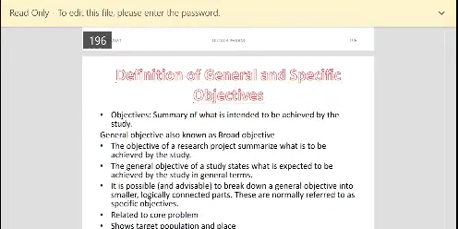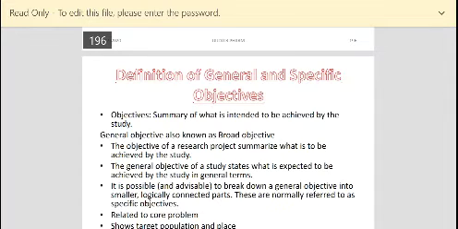Let's see the definition of general and specific objectives. First, objectives. What are objectives? Objectives are a summary of what is intended to be achieved by the study.